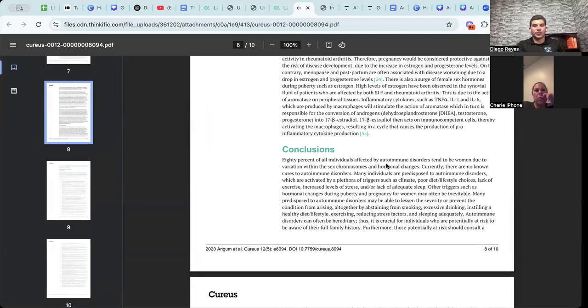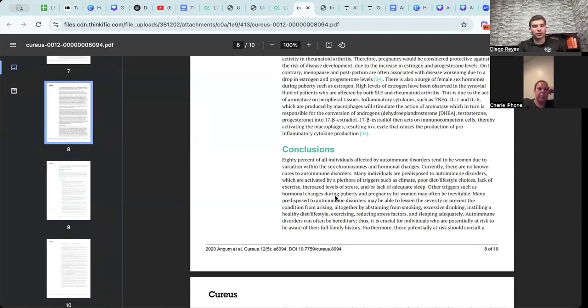80% of all individuals affected by autoimmune disorders tend to be women, due to variations within the sex chromosomes and hormonal changes. Many individuals are predisposed to autoimmune disorders, which are activated by a plethora of triggers such as climate, poor diet, lifestyle choices, lack of exercise, increased stress, and/or lack of adequate sleep.